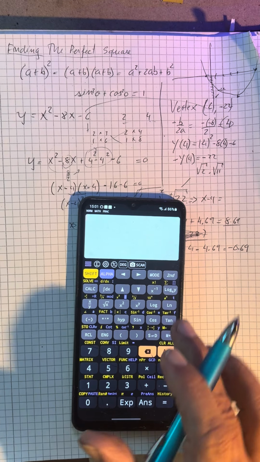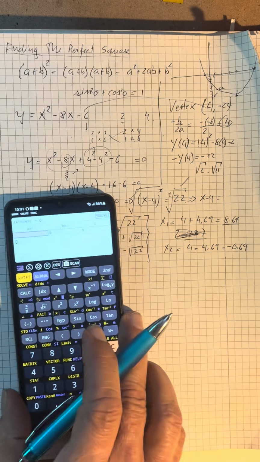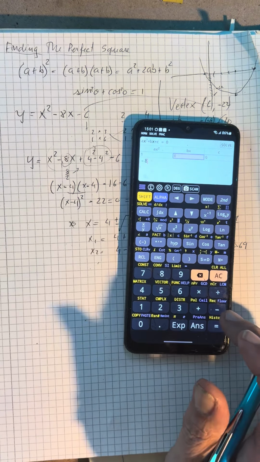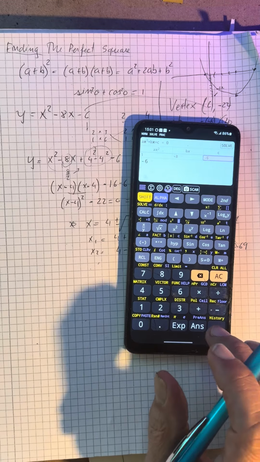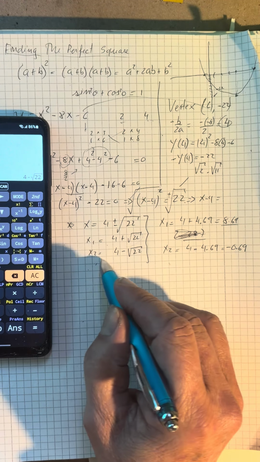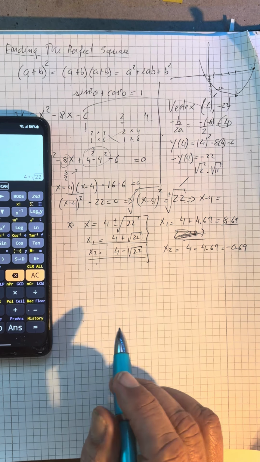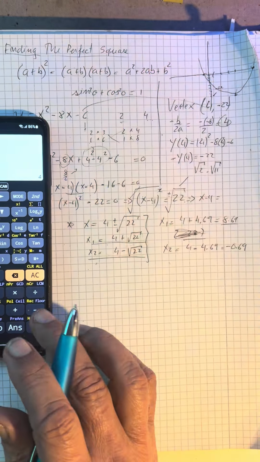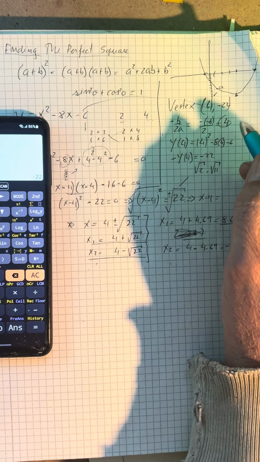If we use our handy dandy calculator, we go to the trinomial mode, we punch 1, enter, minus 8, enter, and minus 6, enter, and we hit again, and then we get the first root, the negative root, and the other root is this one, and the vertex is 4, the x value, and the y value is negative 22.